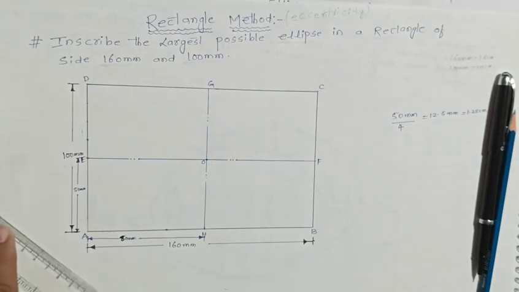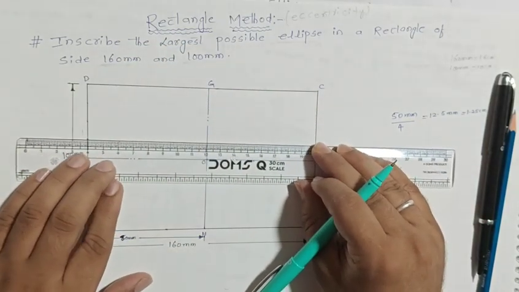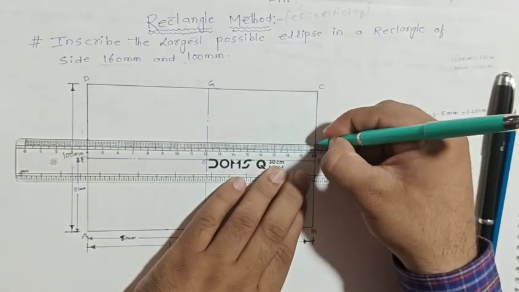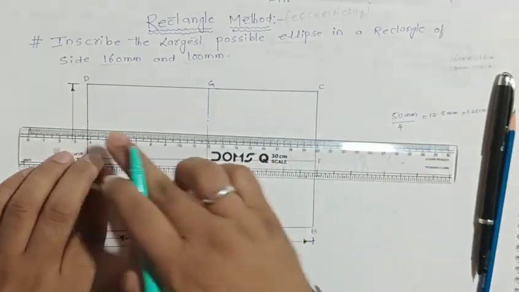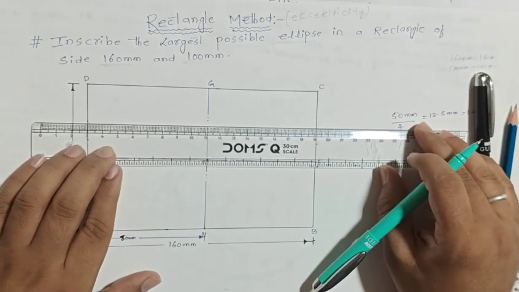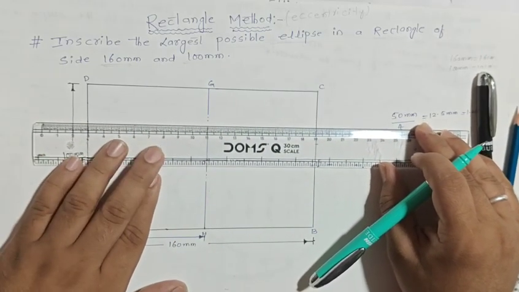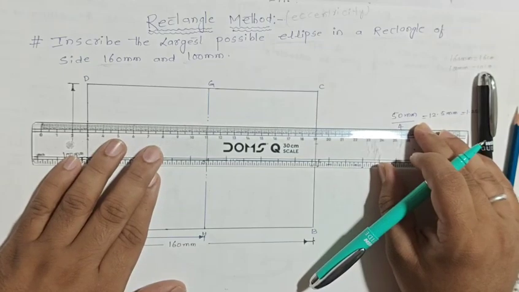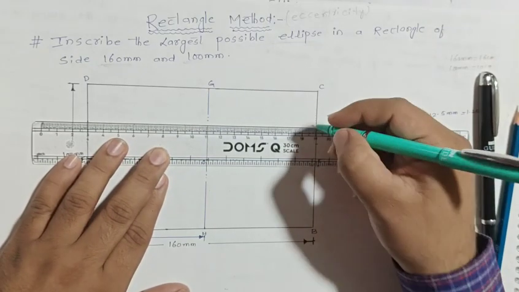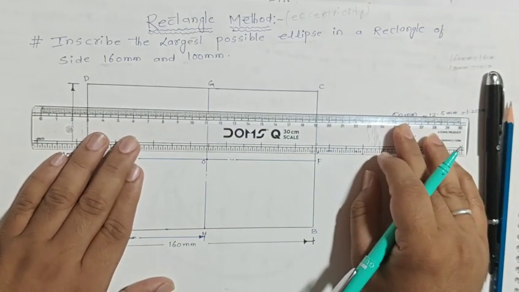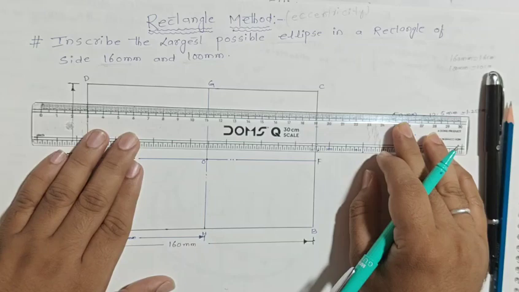Same thing, we can draw the parallel lines. Is it right? We just need to mark the parallel line here. The same parallel line we can draw from this side, and the same parallel line we need to draw.